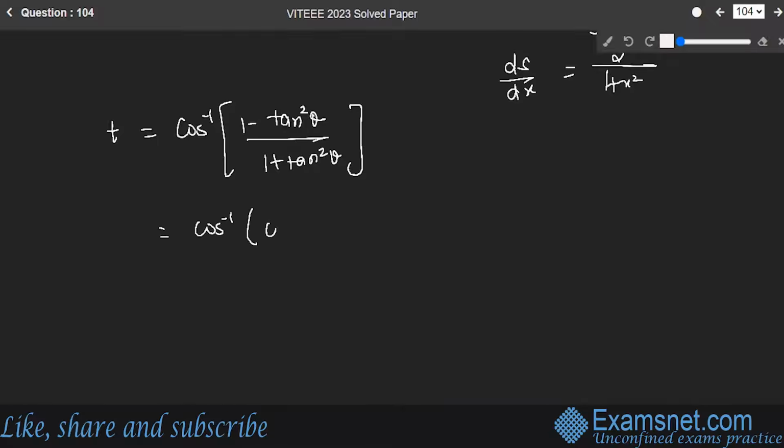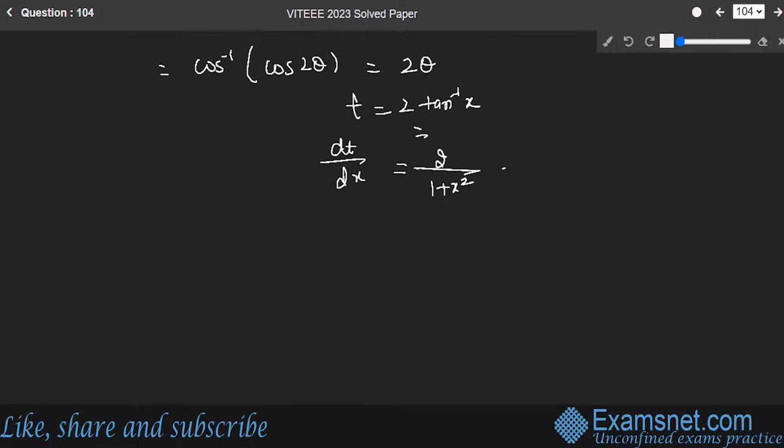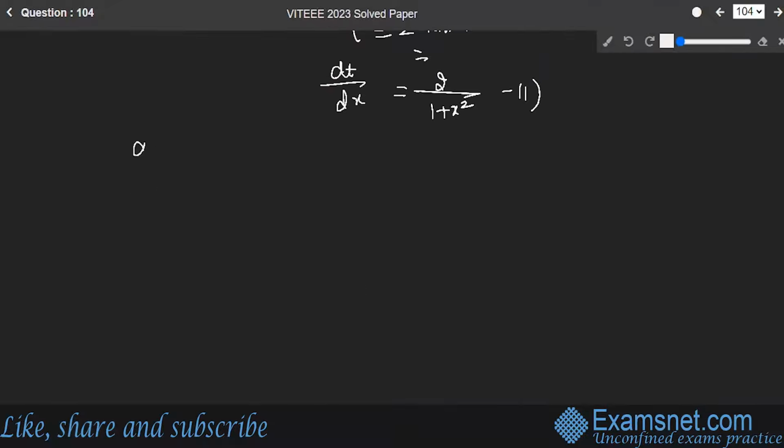So cos inverse cos 2 theta, which is equal to 2 theta, or 2 into tangent inverse of x. That was equal to your t. So dt upon dx is equal to 2 upon this. You had to find out from the, let's say this is 2 and this is 1.